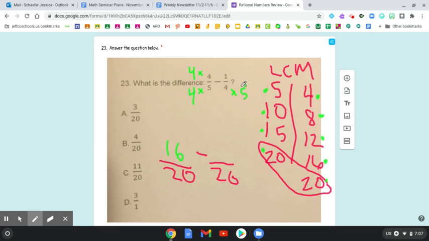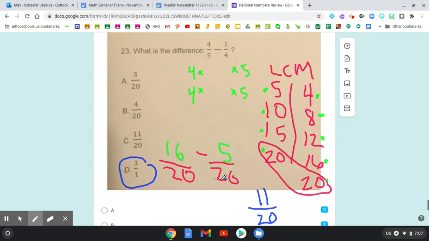Again, what you do to the bottom, do to the top. And 1 times 5 would be 5. So I have 16/20 minus 5/20. 16 minus 5 would make 11. And 20ths stay 20ths. So I'm on C.